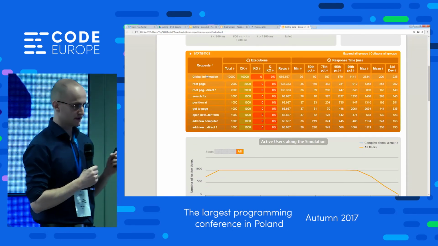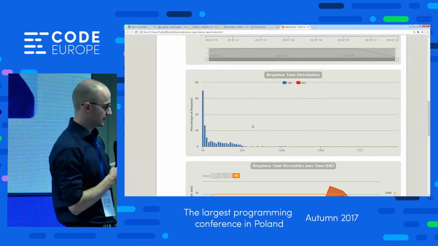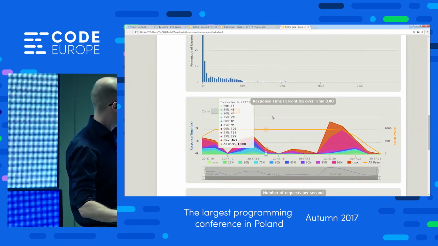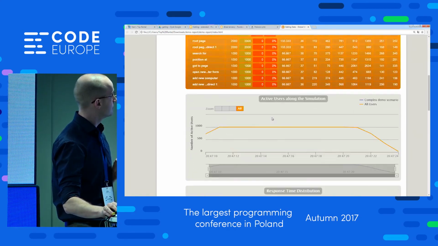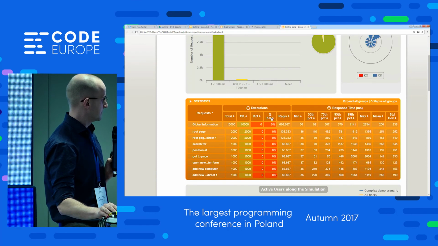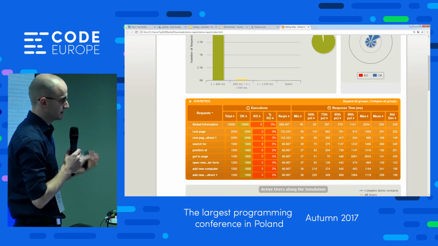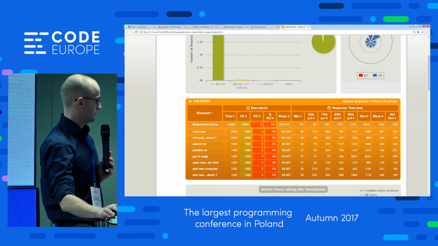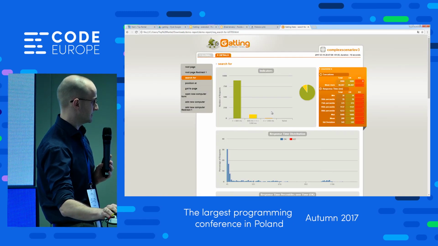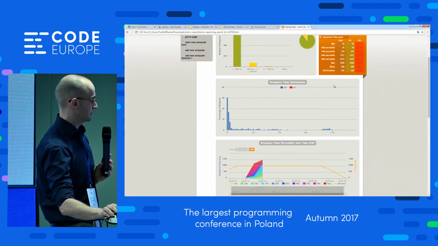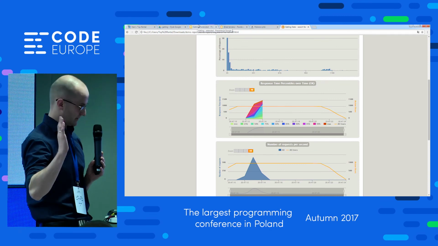Reports, so this is so nice that I need to show you. Besides information like on the slide, which you will get on your console, you will get very nice visual reports with all necessary performance indicators, so percentiles, min, max, median, standard deviation, etc. And very nice graphs like response time distribution, response time percentiles over time, number of requests per second, etc. And this is generated for all actions.